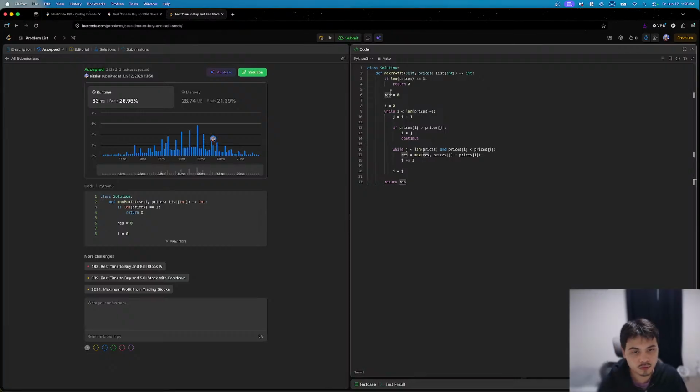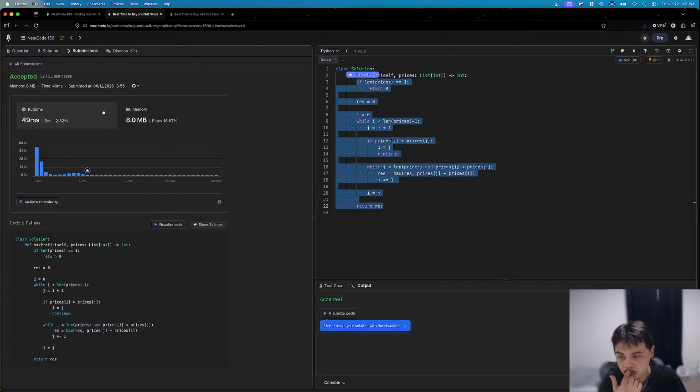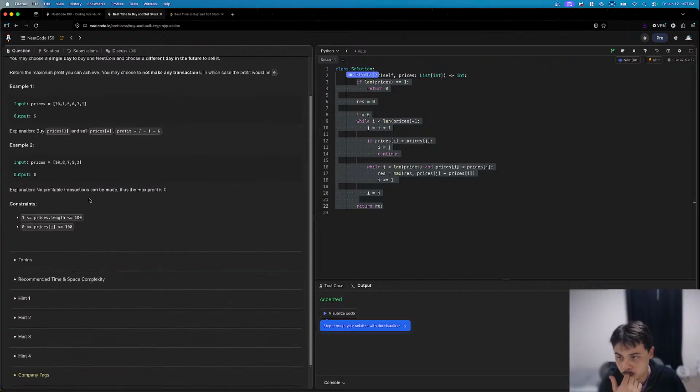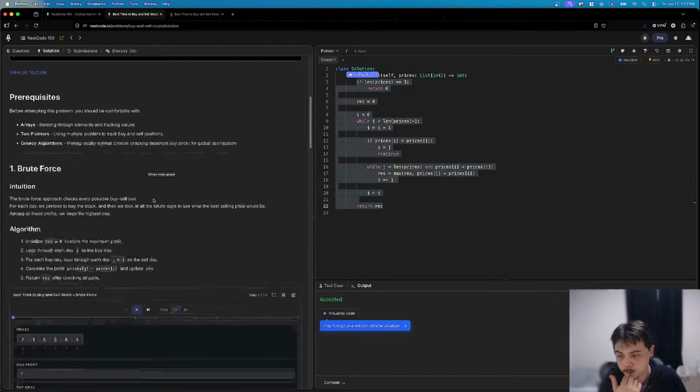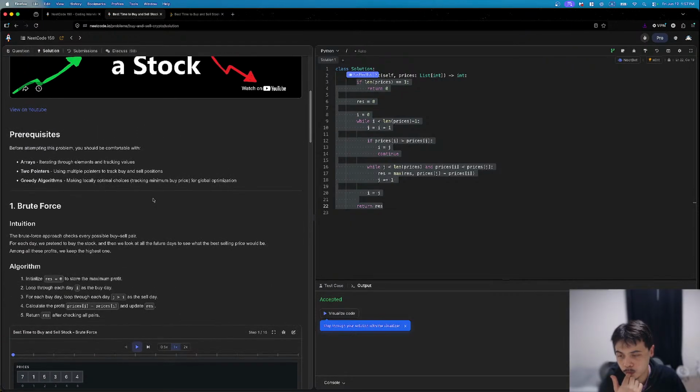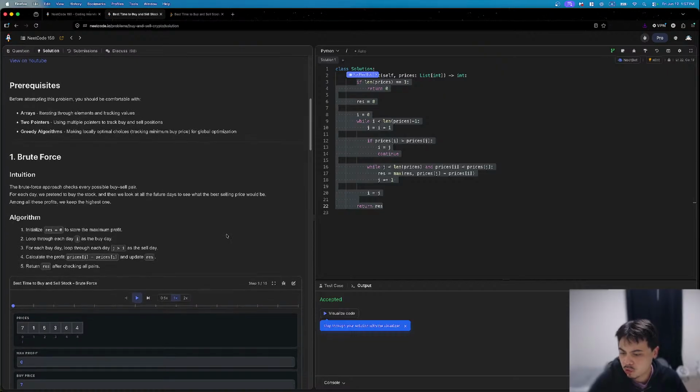Is this a valid solution though? I mean, it runs in O(n). What does the solution look like? Minimum buying price for global optimization.